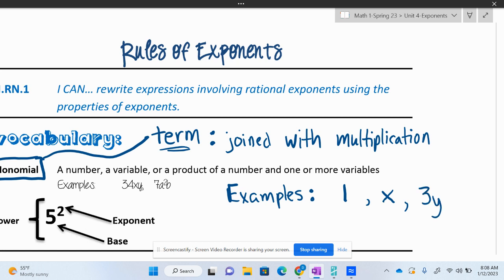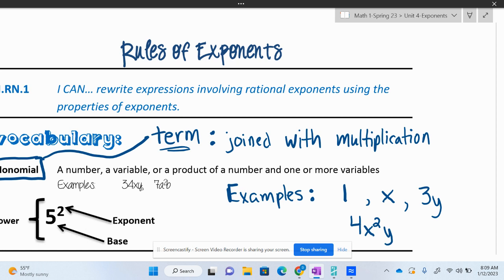That's joined by multiplication, right? 3y means 3 times y. Or 4x to the second power y. That's a monomial. All of those are joined by multiplication.